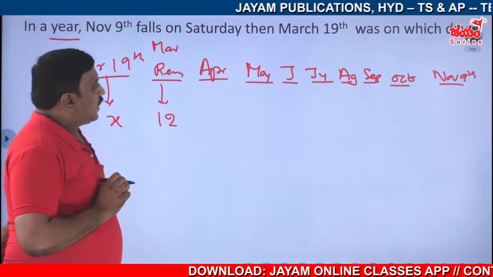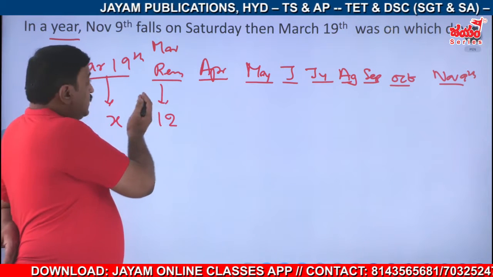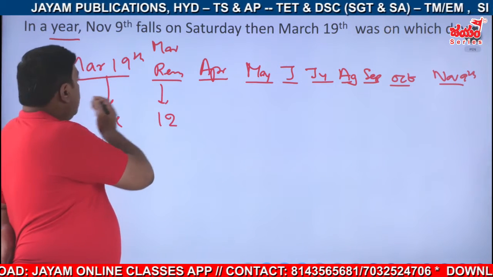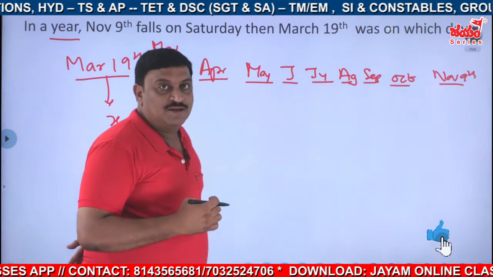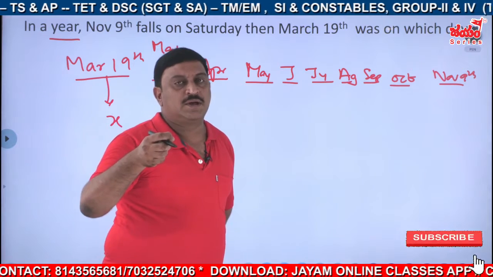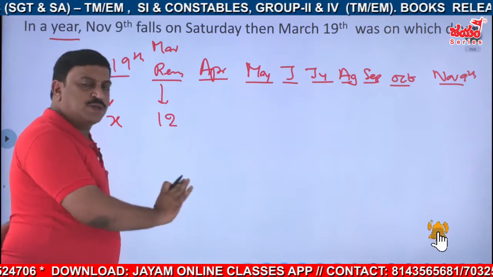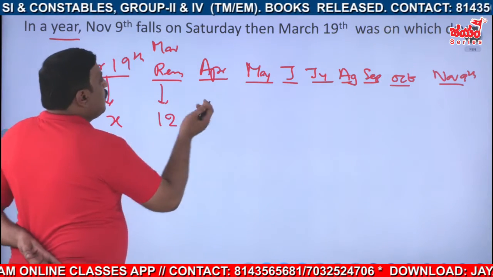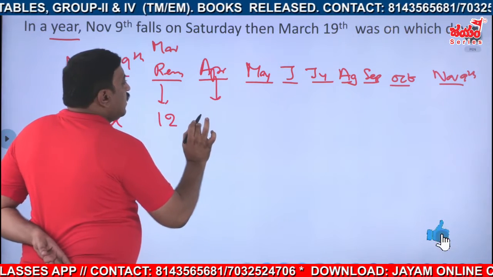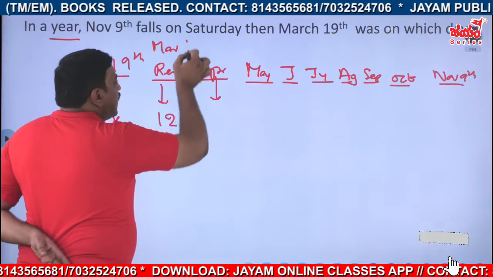Okay, see how many months are there. From March, the 3rd month, to November, the 11th month. So this is a time-taking process, right? You learn this basic procedure. Here, shall I go with the odd days directly? Because full months are there now.